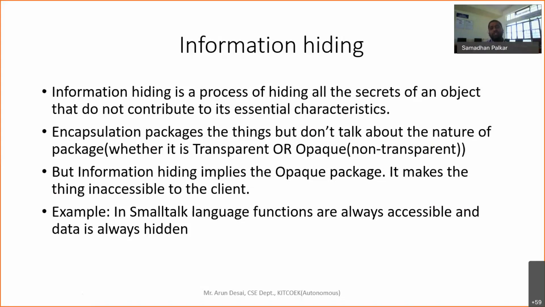So that is the differentiation. So encapsulation and information hiding are somewhere different in such types of languages. In Smalltalk, functions are always accessible whereas data is always hidden, whereas in C++ different access specifiers are present.